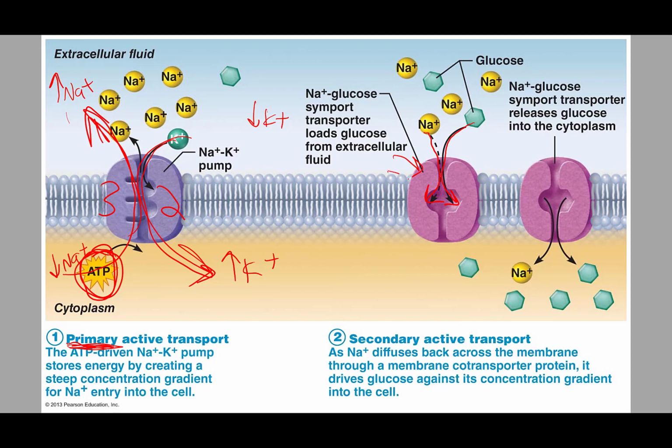This protein is built so that it will take a single sodium, a single glucose together and move them into the cell. Sodium is coming down its concentration gradient. It doesn't need any energy. Glucose comes along for the ride.